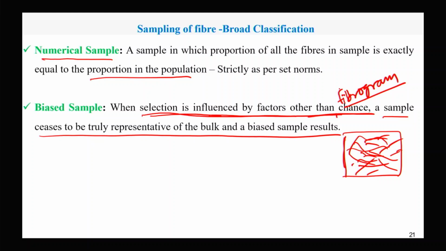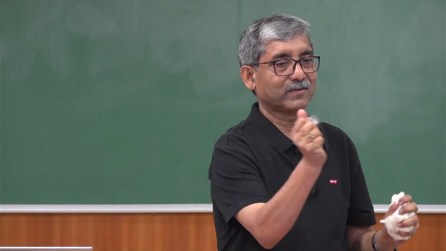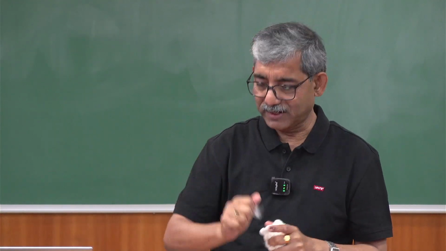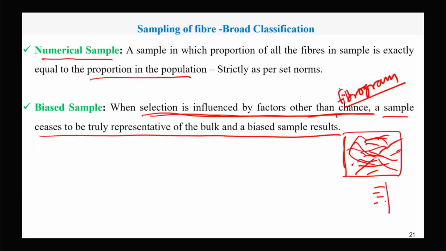Now when we are taking this fiber from the surface, by picking from the surface, this is the fringe, this type of fringe we are taking. Here the longer fiber has got higher probability of getting selected.